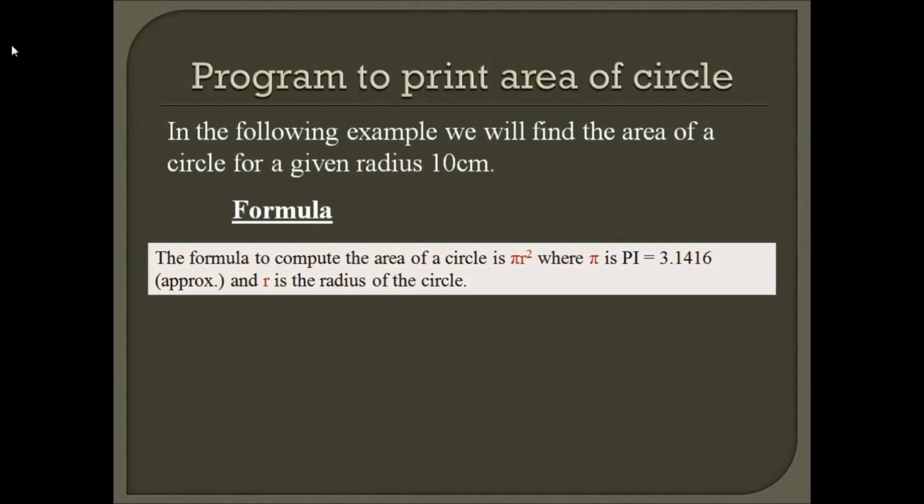The formula to find the area of the circle is pi r square. Pi is a constant and the value of pi is 3.1416. So let me see how to write a C program to print the area of a circle.